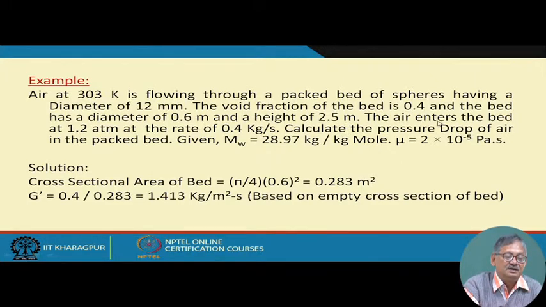The air enters the bed at 1.2 atmosphere at the rate of 0.4 kg per second. Calculate the pressure drop of air in the packed bed, given molecular weight of air is 28.97 kg per kg mole and viscosity of air to be 2 into 10 to the power minus 5 Pascal second, right? Now let us solve this problem.